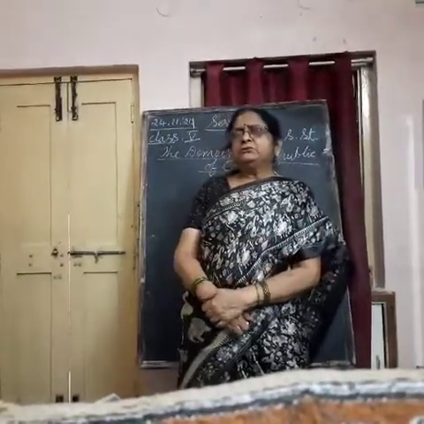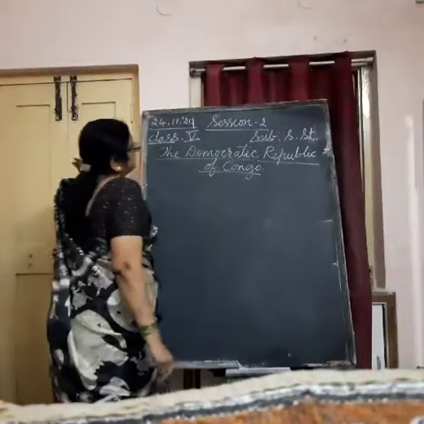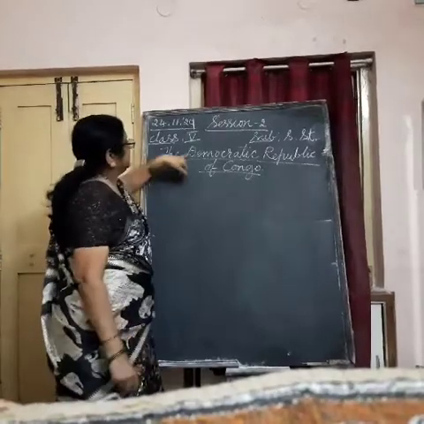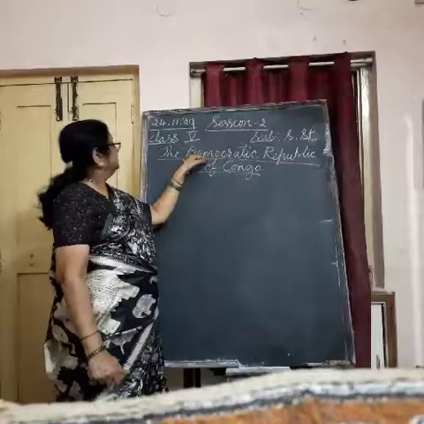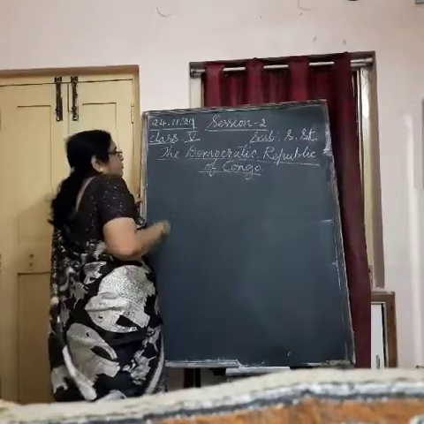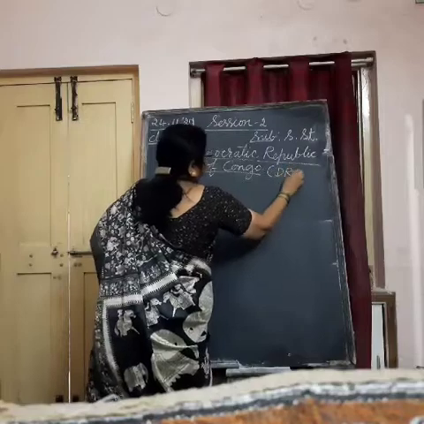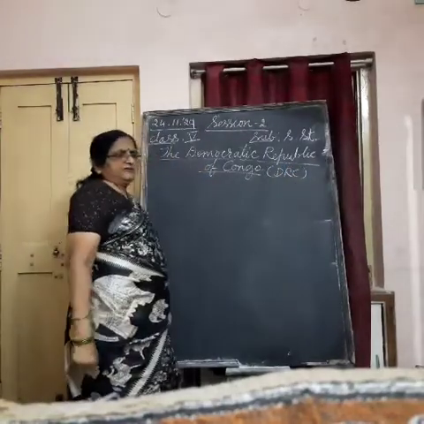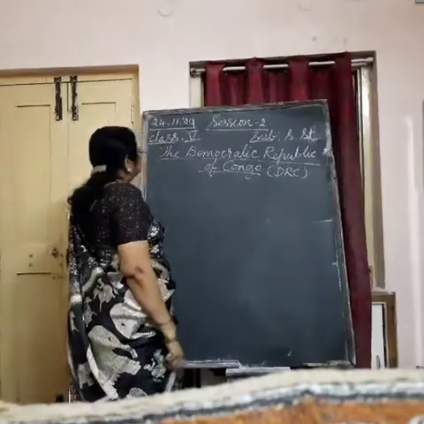Then coming to the lesson, we have taken the country in Central Africa, that is the African continent, the Democratic Republic of Congo, or in short it is called DRC. This country we have taken as our example for the study of equatorial region.